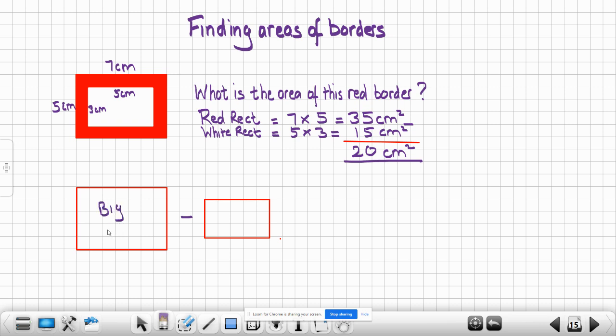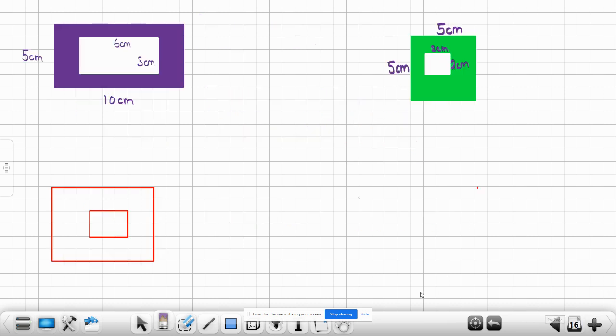So we do the area of the big rectangle, we do the area of the small rectangle, and we take the small from the big to get the area of the border.